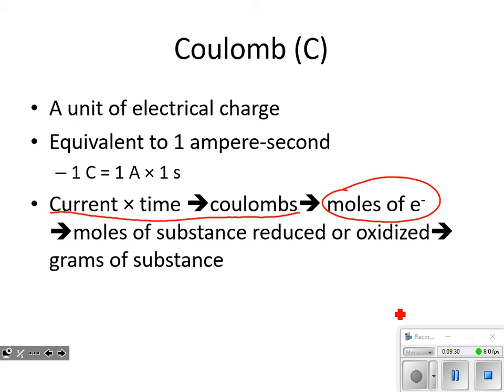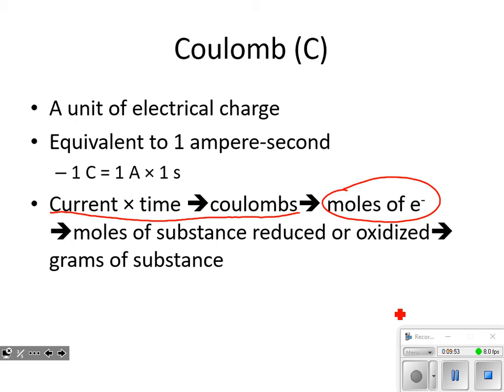Once you have moles of electrons, you can convert using stoichiometry in an oxidation equation from electrons into something else. Remember in the lab that you just turned in, you probably had an equation like, let's think here, what was oxidized in that lab? The zinc was, right?